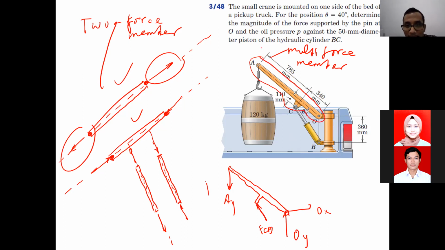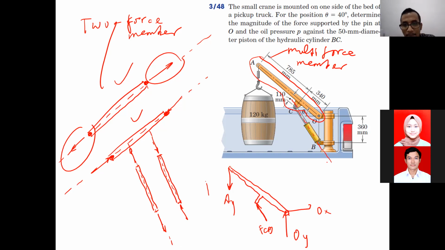Lalu batang ACO itu mendapatkan gaya OX, OY di ujungnya plus gaya FCB di C. Paham nggak? Ya. Nah, gaya FCB itu searah dengan garis kerja batangnya. Paham kan?